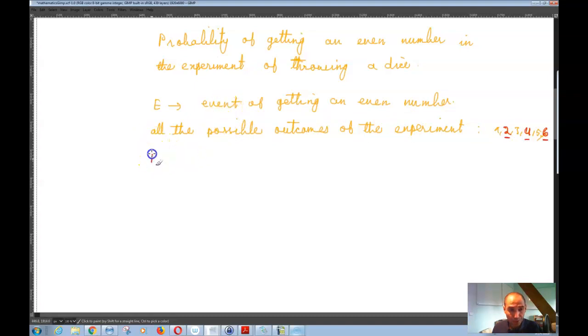Now the probability of event E happening, the event of getting an even number, is the number of outcomes favoring that event, so you have 3 outcomes favoring this event, and you divide that by the total number of outcomes of the experiment, which is 6, I mean the count of these numbers, not just 1 through 6.